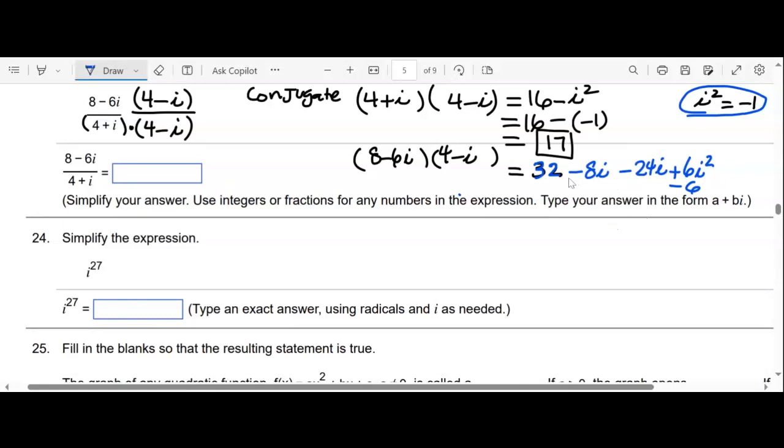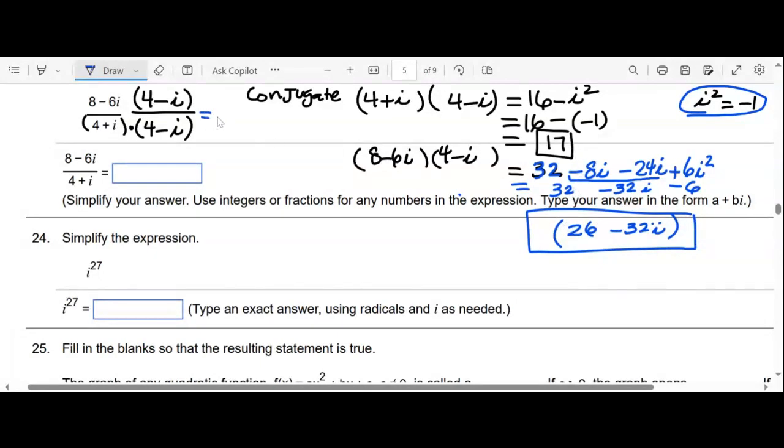If you combine this together, what do you get? 32 minus 6 is 26, and the i terms give minus 32i. 26 minus 32i, correct. So the top is 26 minus 32i and the bottom is 17.